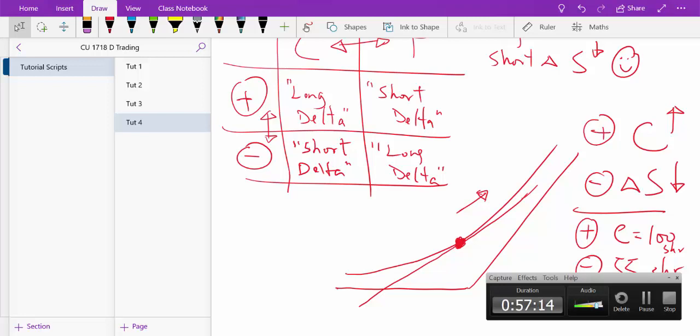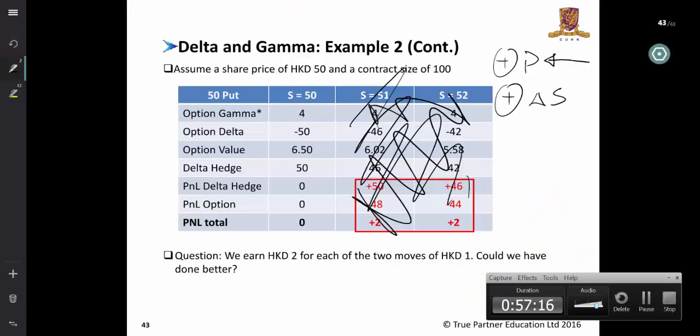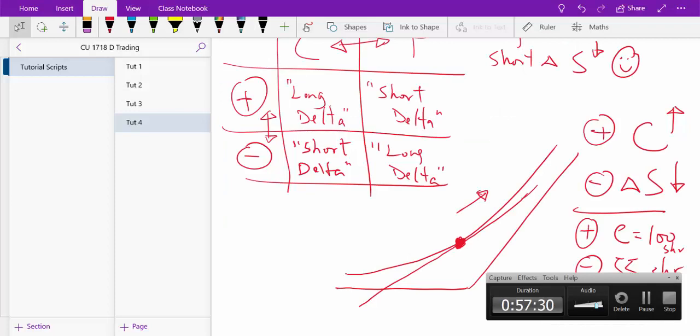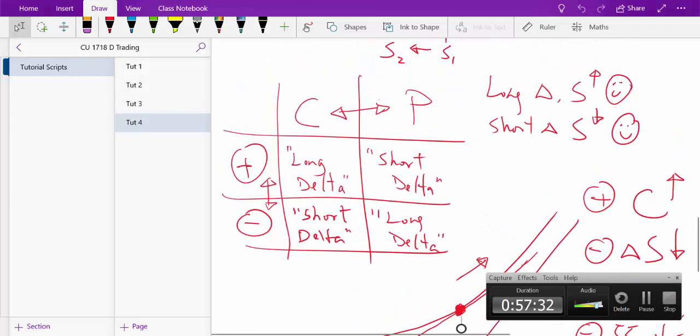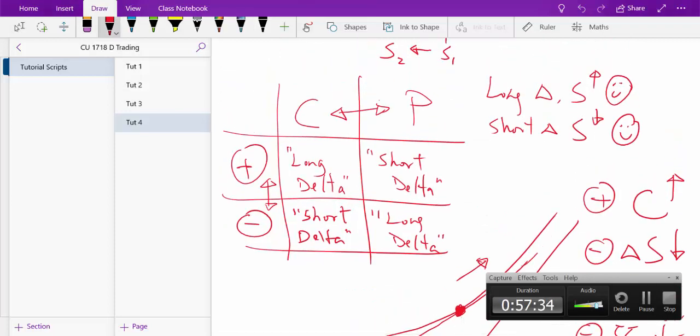Now, I want to tell you that because over here, you see something similar happening. So first of all, what is the position? Well, you are long a put. I already told you, if you're long a put, what are you? You are short delta, right?